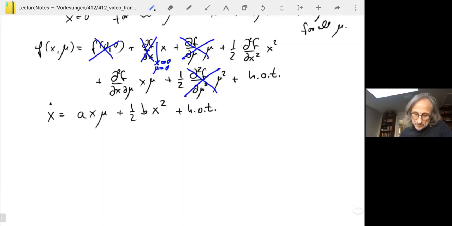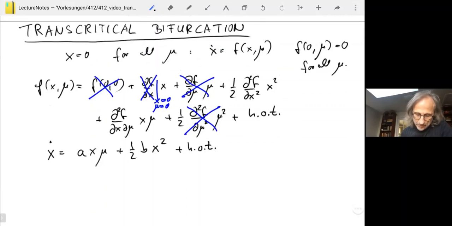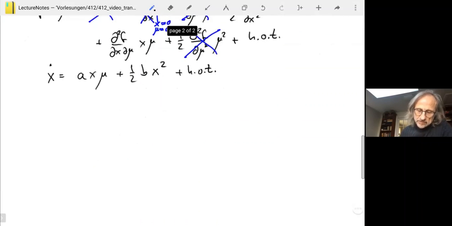So that's the general equation we expect if there is a fixed point for all values of mu, the same fixed point. So what does this bifurcation look like?